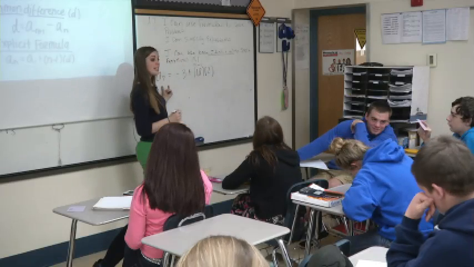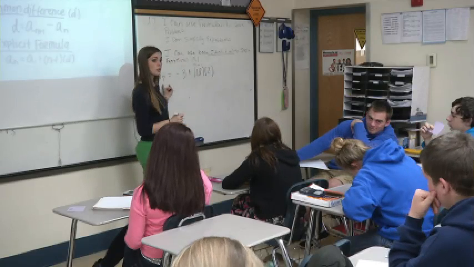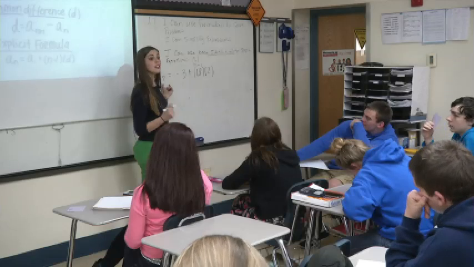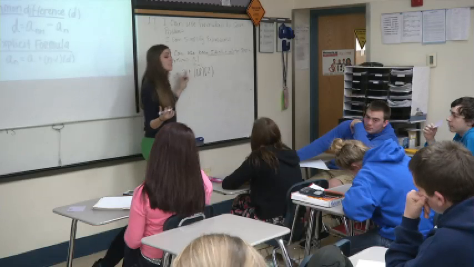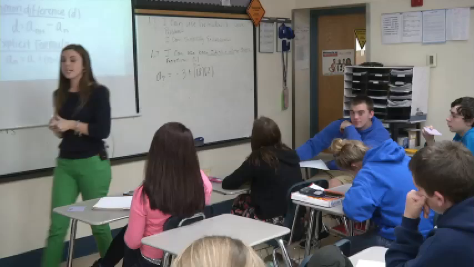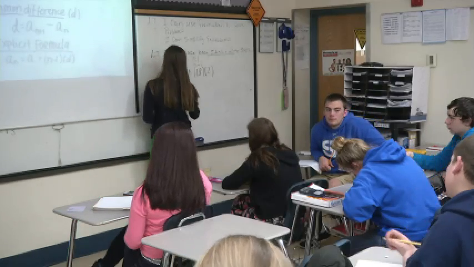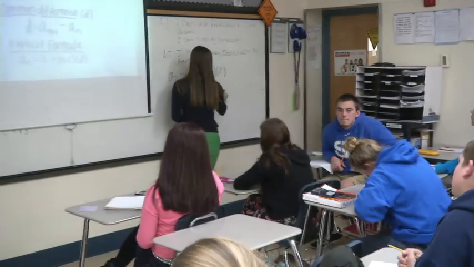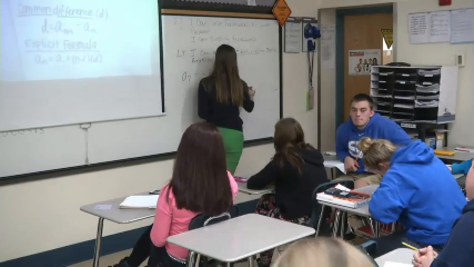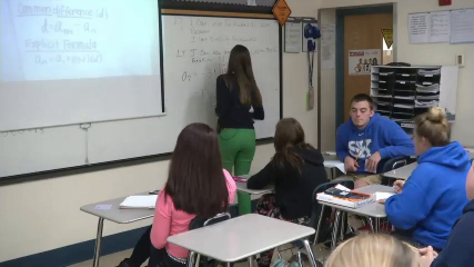The question mark is supposed to be n, so n is 19. Good. All right, Tanner, read us your question. Negative 17, negative 12, negative 7, negative 2, 3. How many terms are in the sequence?